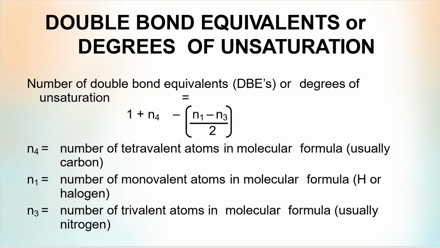And if they're both hydrogens and halogens, then it would be both, right? And N3 would be the number of nitrogen a lot of times, right? So let's see if we can go back to our formula for the previous compound that we looked at and see if we can work out what the DBE is, and explain what kind of information it gives us.